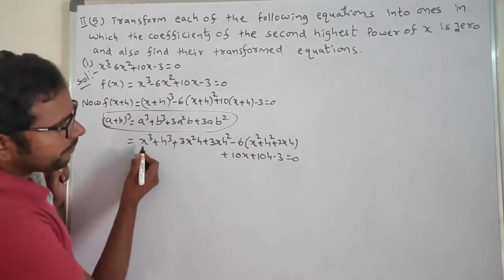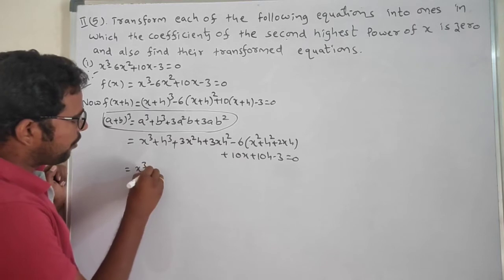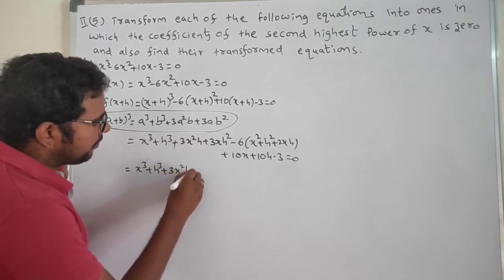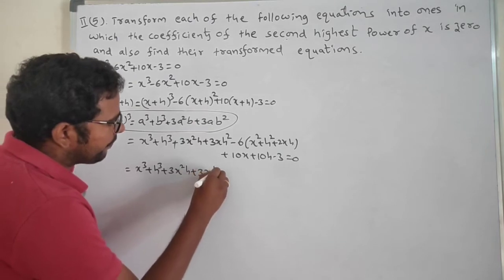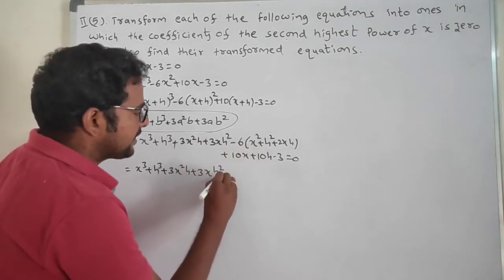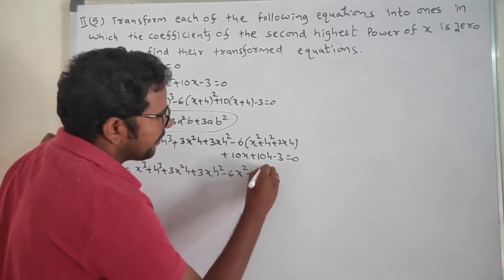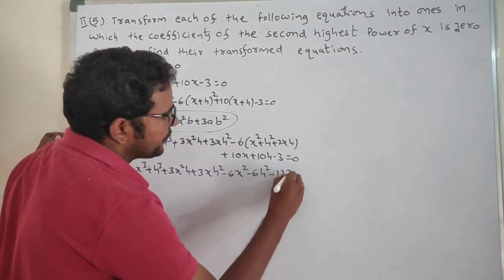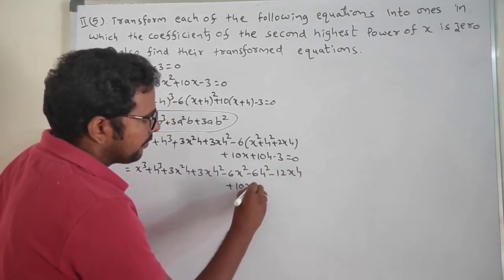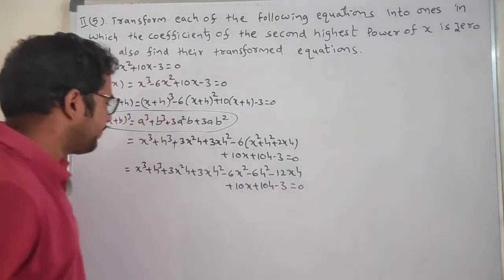So x power 3 plus h power 3 plus 3x square h plus 3x h square minus 6x square minus 6h square minus 12xh plus 10x plus 10h minus 3 equals 0.